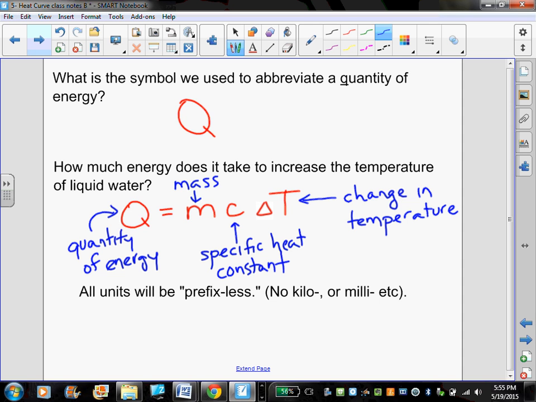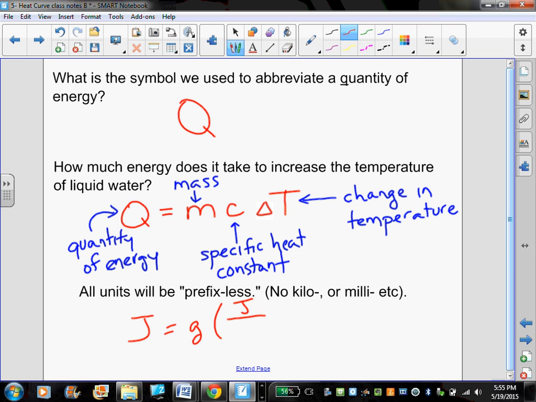Okay? What are all the units for these things? That's something else that's good to keep in mind. Well, we remember that energy is going to be measured in joules, okay? Mass is going to be measured in grams. Specific heat, that one's the one that's a little bit tough.